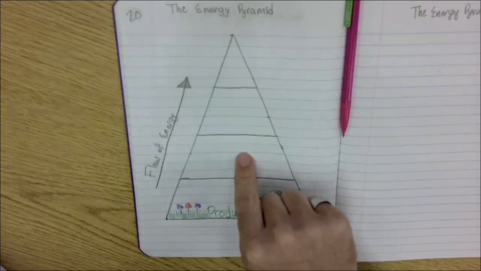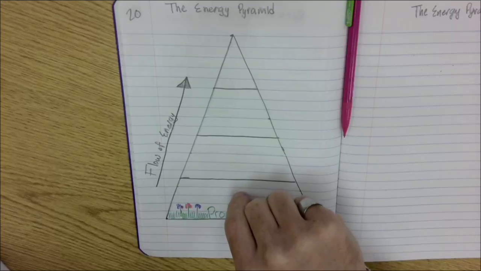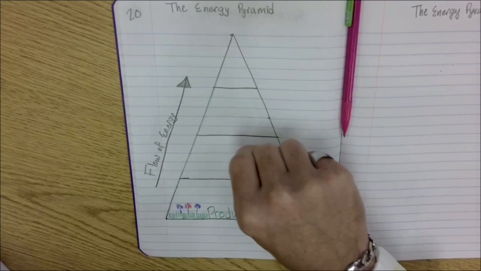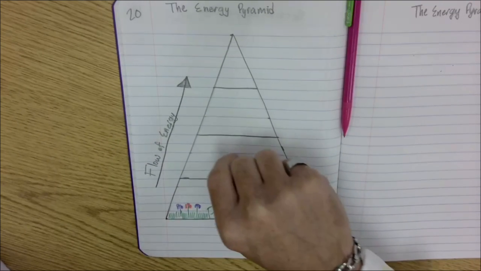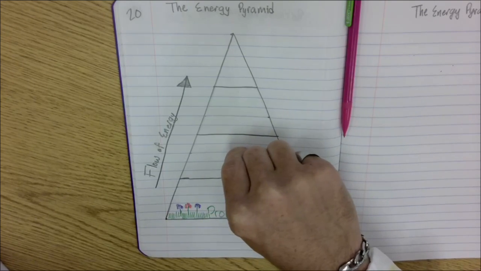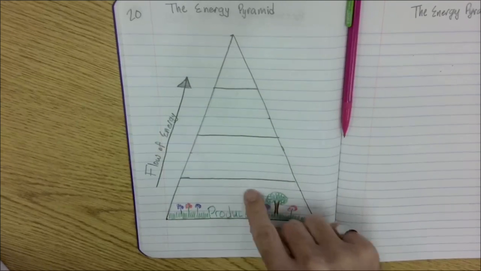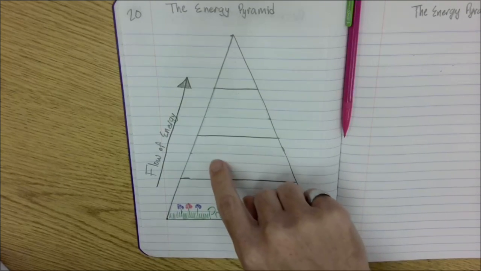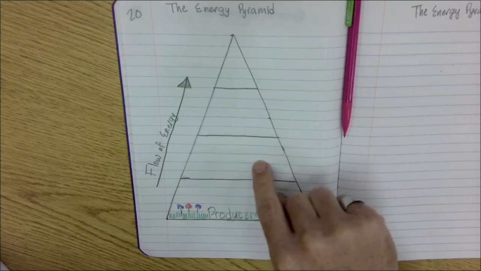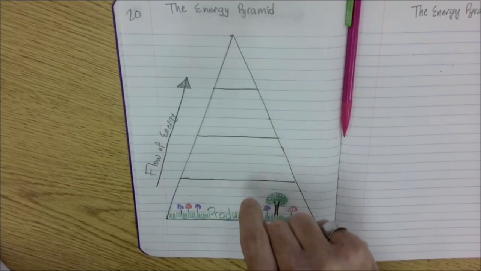Now, moving up, as we go up the pyramid, the organisms here are able to get energy, right, to eat and to get chemical energy from anything below it. So we have producers down here. Which group of organisms would go here that get their energy from producers?